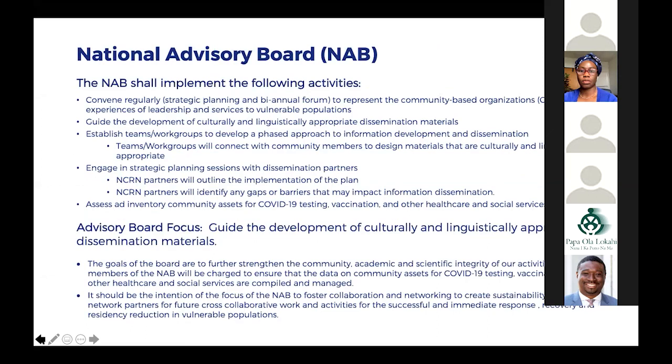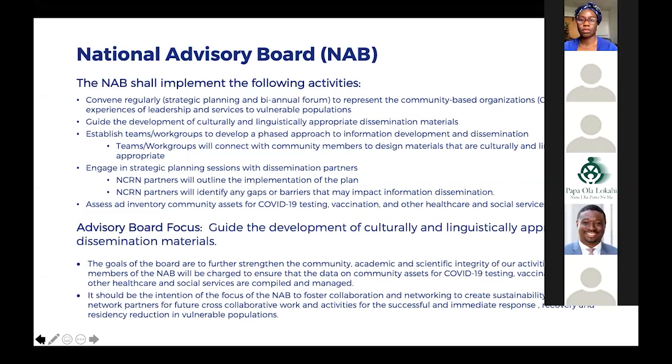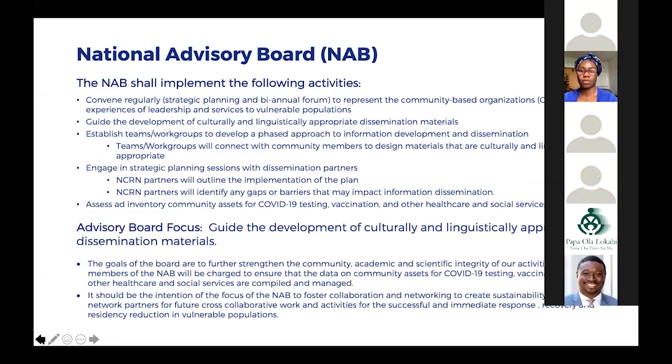And so one of the integral components at the center of NCRN is a national advisory board. And it's composed of some of the partners that you will hear about in our partner showcase this afternoon, but they represent the priority populations as well as geographies that are our gatekeepers to trusted networks that will help us to ensure that our work is community sensitive, informed, and guided.